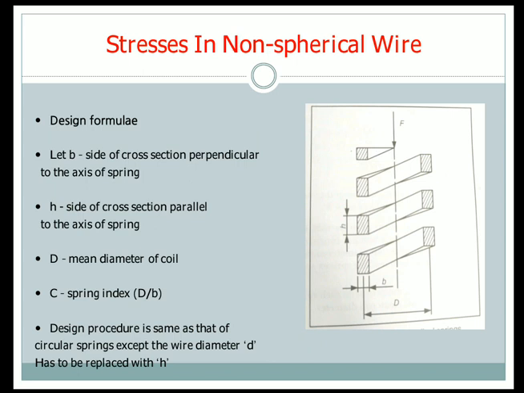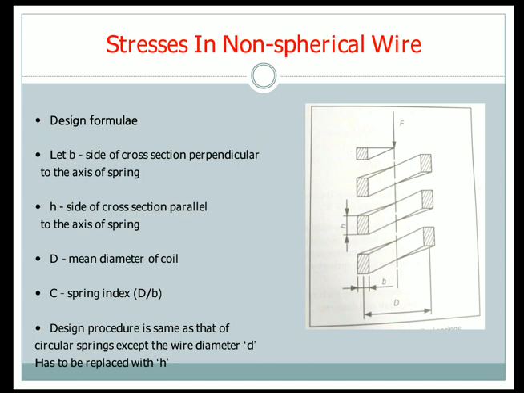And the dimension h is the side of the cross section that is parallel to the axis of the spring. If the axis of the spring is vertical, then the dimension h is also taken in the vertical direction, as clearly mentioned in the figure.